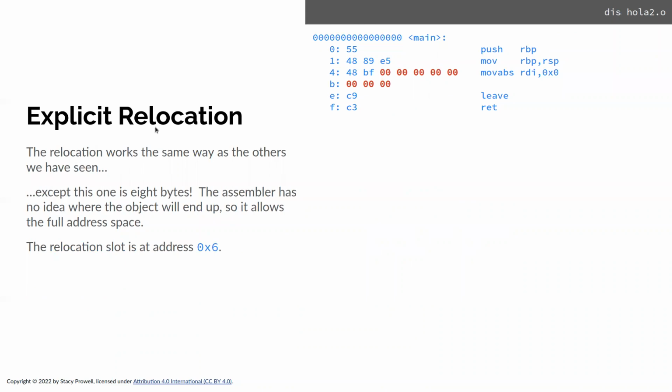Let's take a look at our explicit relocation. Now we have 1, 2, 3, 4, 5, 6, 7, 8 bytes here because we absolutely told the assembler, I have no idea where message is. I want it linked, but I don't know where it is. So create a relocation record for it. The relocation slot occurs at offset 6, and it's 8 bytes long.